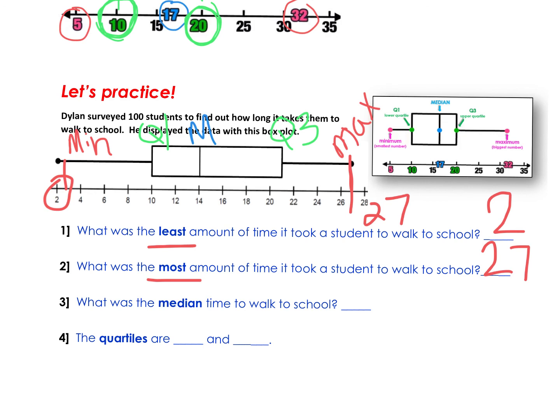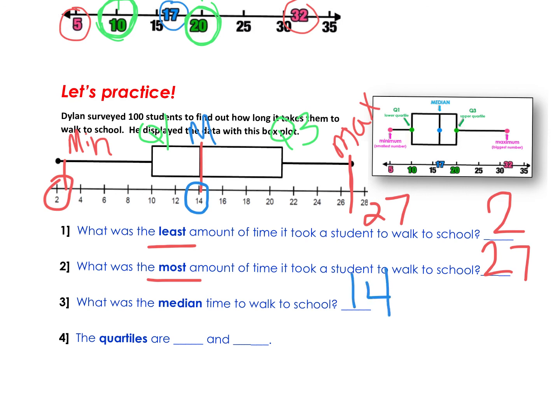And then it says, what was the median time it took to walk to school? The median, remember, is the line in the middle of the box. Not necessarily directly in the middle, but it's in the box. So here, the median would be 14. So I'm going to put my median is 14.